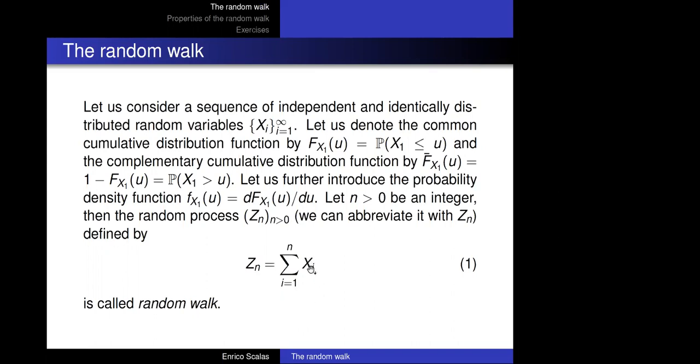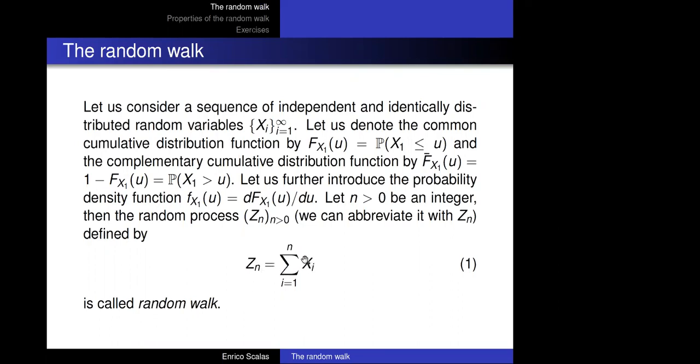So x is the width of a jump, and z is the position of a particle that is jumping at discrete times. So why is this a stochastic process, or random process?